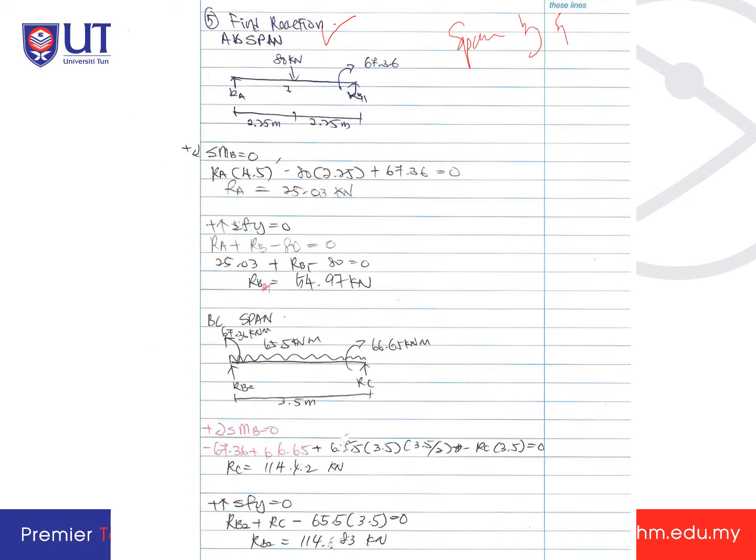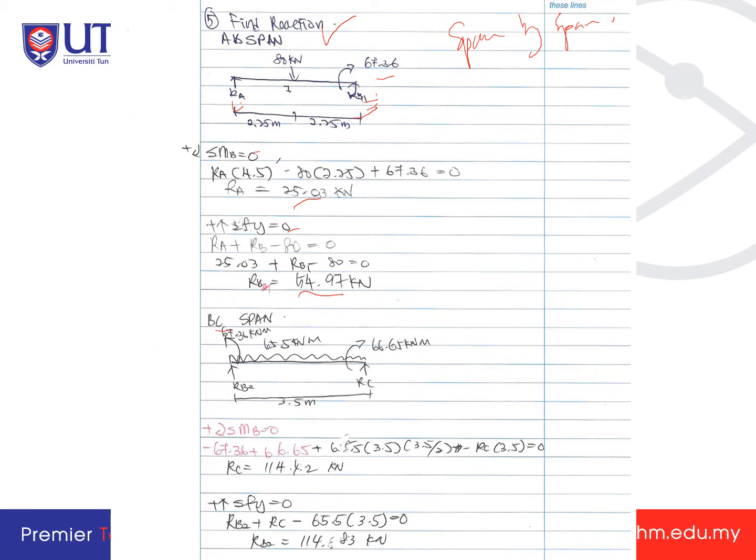At span AB, you need RA and RB1, reaction RB1, because we have RB1 and RB2, with an 80 kilonewton load and a clockwise 67.73 moment. Using the equilibrium equation, total MB equal to 0, you will get RA equal to 25.03 kilonewton, and total Fy equal to 0, you get RB1 equal to 54.97 kilonewton.